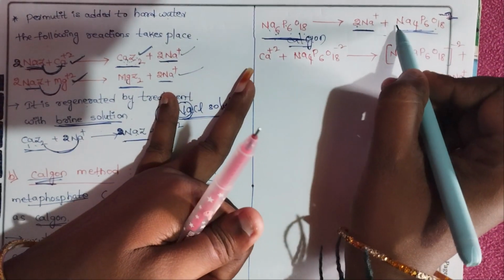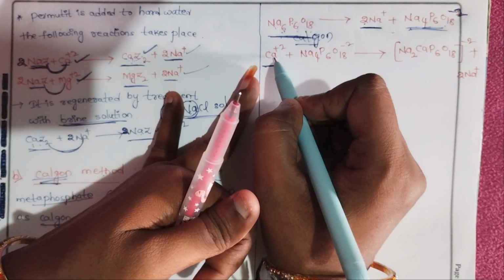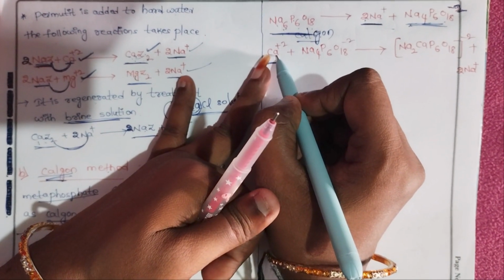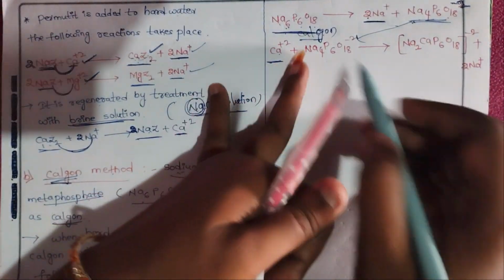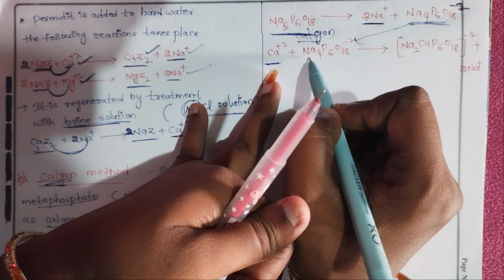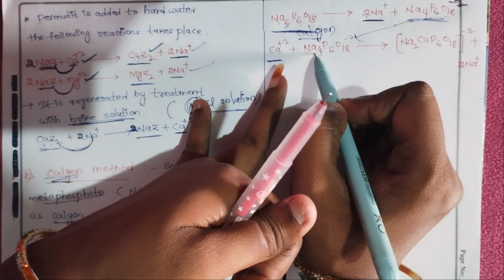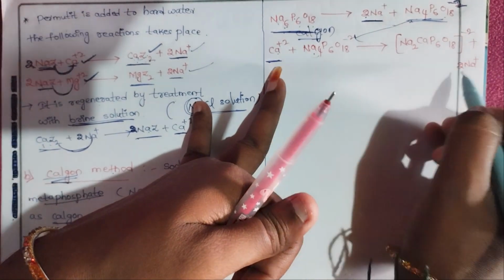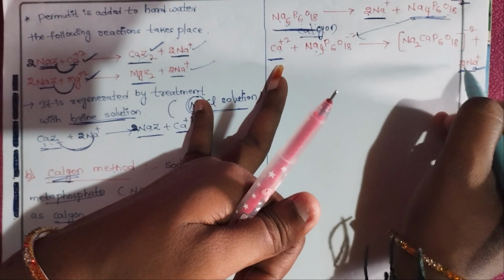This calgon is reacted with hot water. Ca2+ ions are there, so we take Ca2+ reacting with this one. How many sodiums are there? 4 sodiums. Of the 4 sodium ions, 2 sodium ions are released.